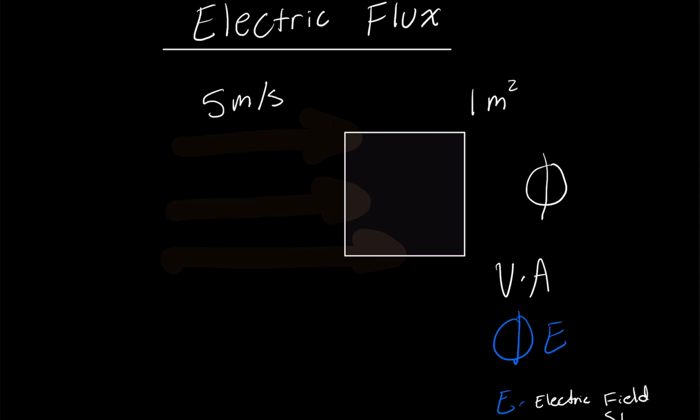So phi E is equal to E, which once again is the electric field strength, times the area, and the units would be newtons over coulomb meter squared, okay?